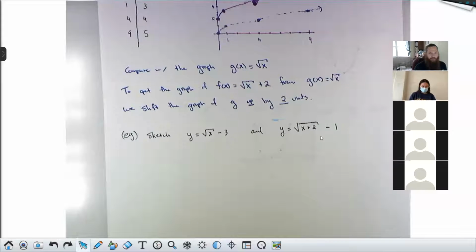And in this last one, I'm going to combine the thing that we talked about before, left and right stuff, with the thing that we're doing now, up and down stuff.